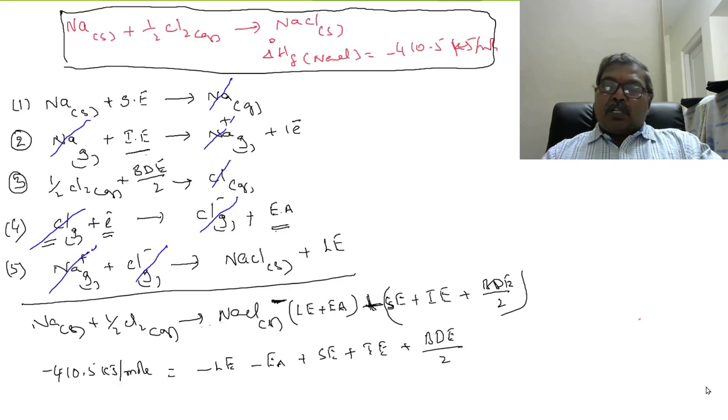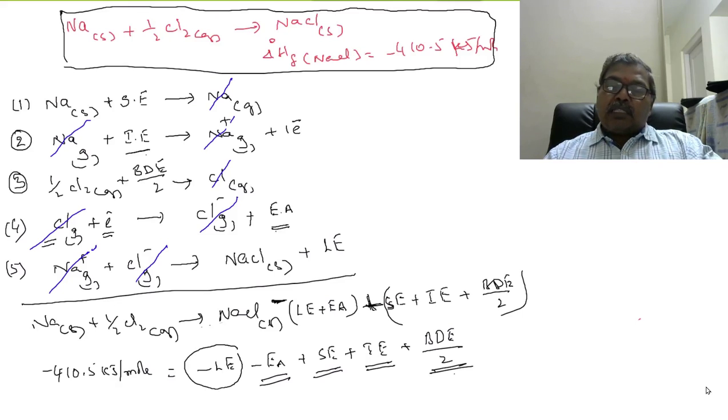So if you substitute the values of electron affinity, these values are available. Sublimation energy is available. Ionization potential of sodium is available. And bond energy of the chlorine molecule is known, right? So therefore, we are able to determine the lattice energy of an ionic crystal.